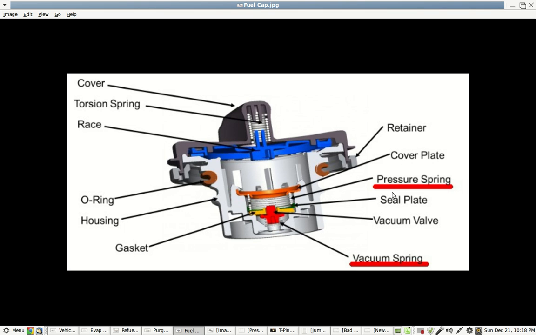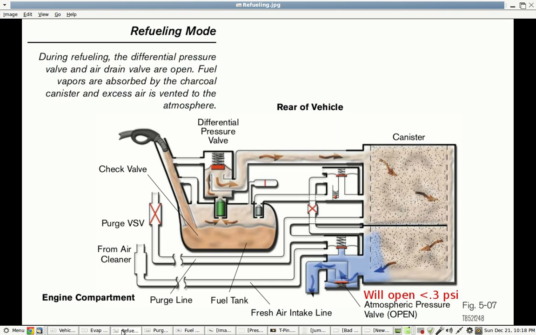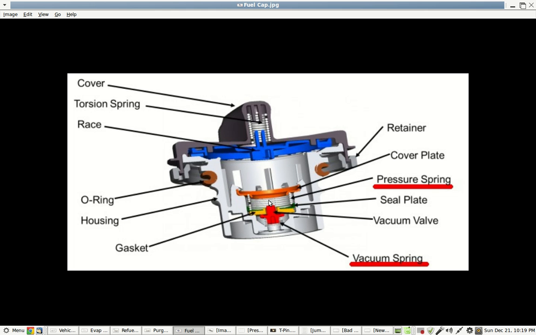Also, let's say you pull over somewhere hot and the fuel starts to boil in the system, and there's a malfunction. Right here at this drain, where it has this 0.3 psi to open this diaphragm, if this diaphragm messes up and it can't vent that pressure off for whatever reason, then there's a safety in the cap to let it off.